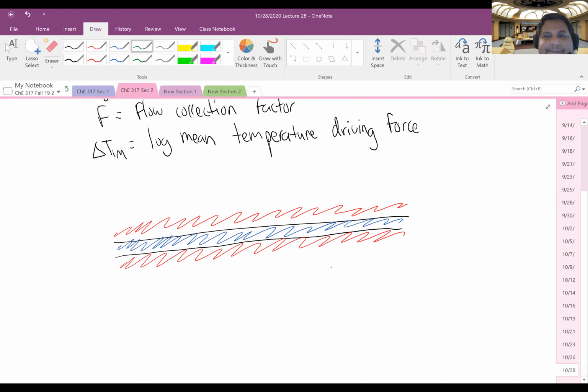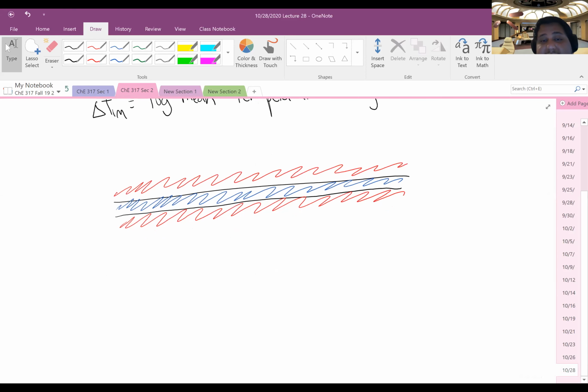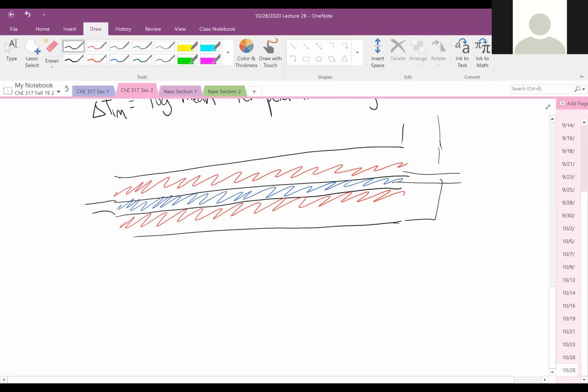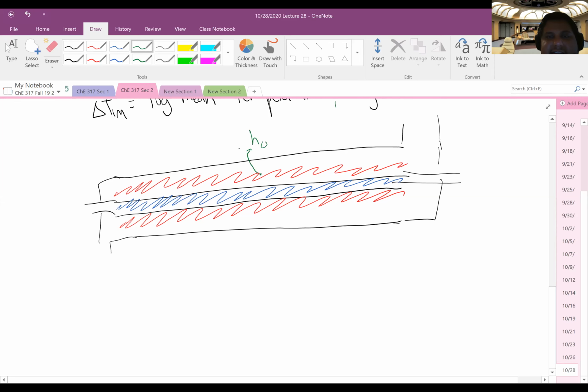Now with this, the heat transfer can be described in terms of several factors. So I'm going to say, it's a simple double pipe. I can consider and calculate the heat transfer associated with the outside fluid, the heat transfer associated with the inside fluid, and any thermal resistance that I see associated with the pipe itself.